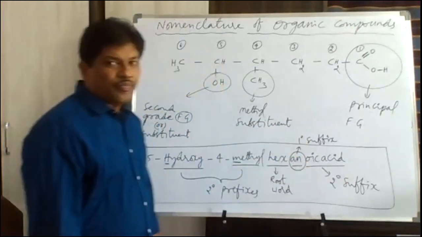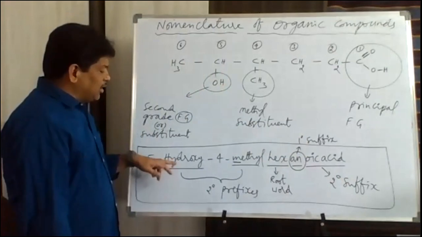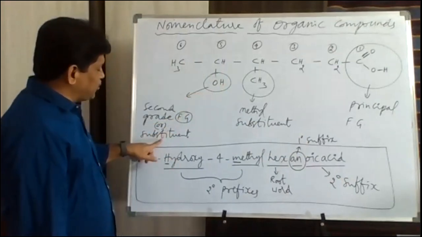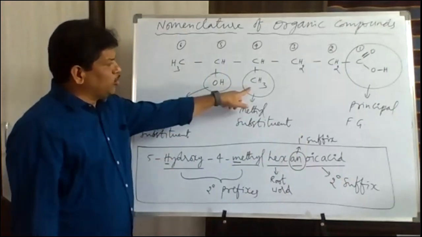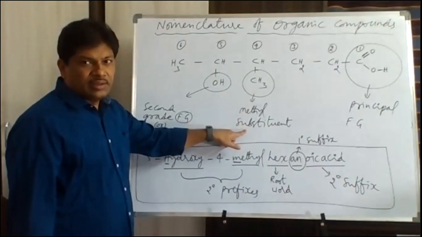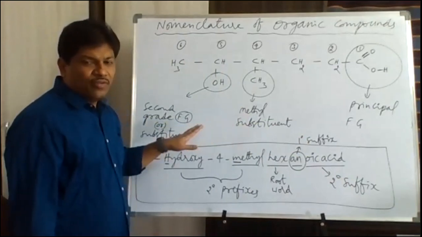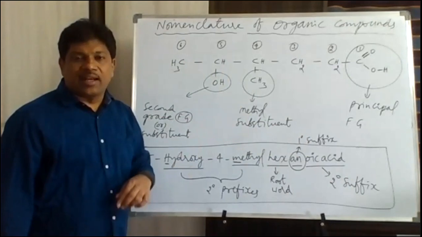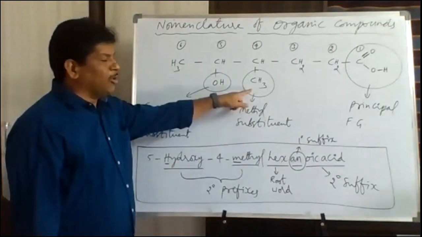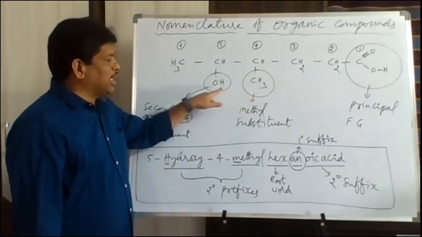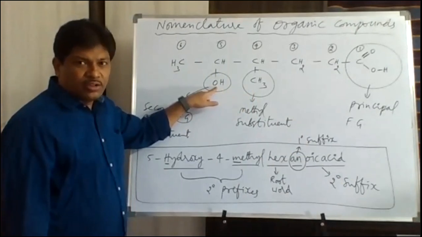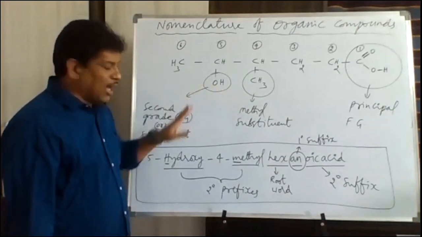Here the hydroxy group is acting as a substituent. The methyl group is also acting as a substituent. When substituents are there, their names are secondary prefix names. For the methyl group, as usual, we use methyl. And the secondary prefix name of the OH alcohol group is hydroxy.